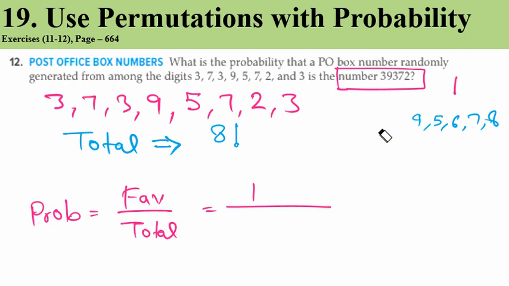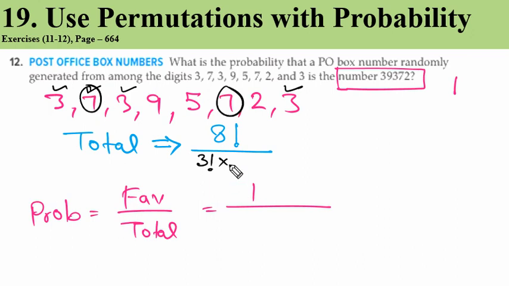But in these numbers there are repeated numbers, so divide. 3 is repeated 3 times, so 3 factorial. 7 is repeated 2 times, so 2 factorial. Is there anything else repeated? 9, no. 5, no. 2, no. So that's it.